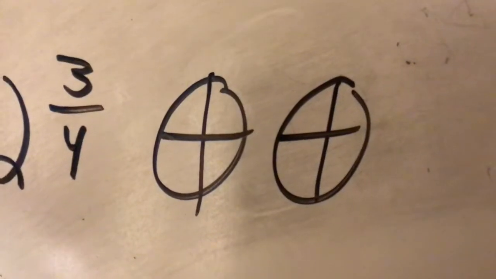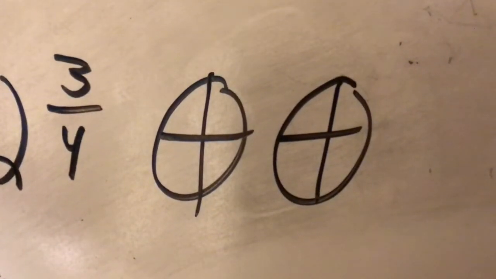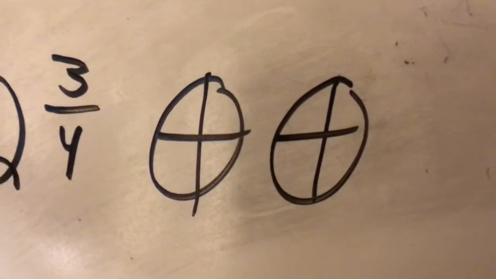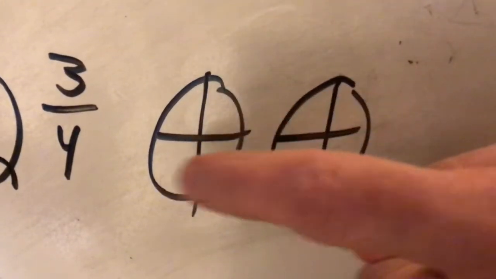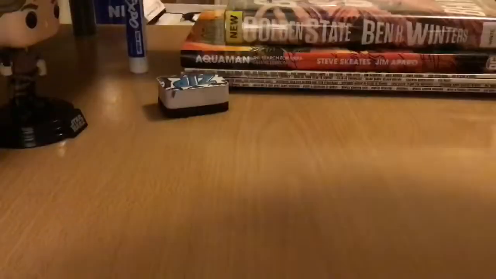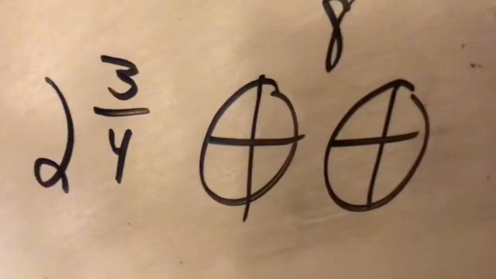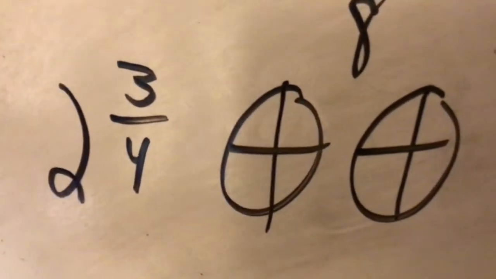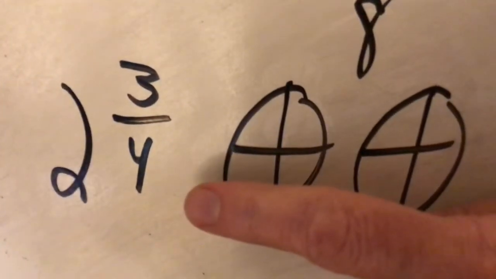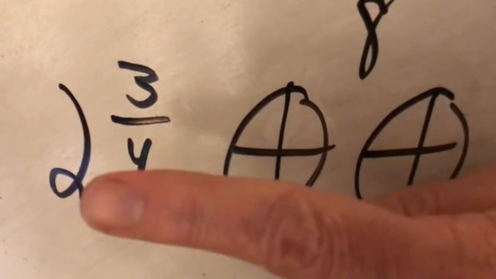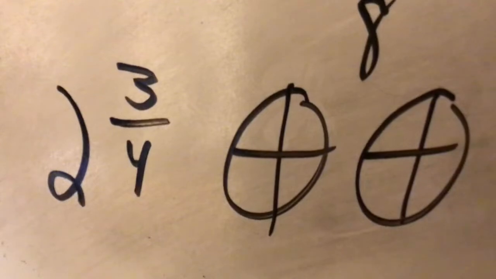So how many pieces of 4 are there in those 2 whole? Right? 1, 2, 3, 4, 5, 6, 7, 8. How could we get there with multiplication with the numbers that we have over here? Okay, see it? All right, we'll go in a second. So now we still have 3/4 left over.